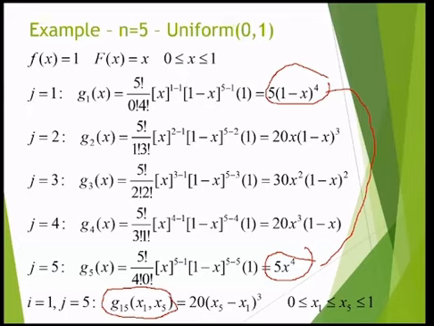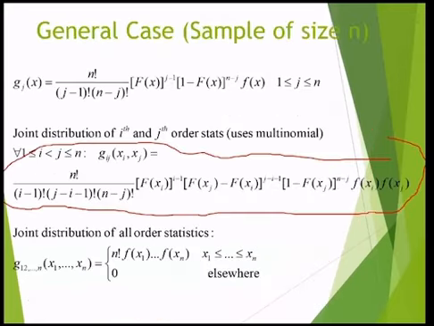If you are told that they are independent, you just multiply this by this. But multiplying this by this will not give you what is here. That shows that they are not independent. So in a situation where they are not independent, you always use the joint. Otherwise, you multiply them.